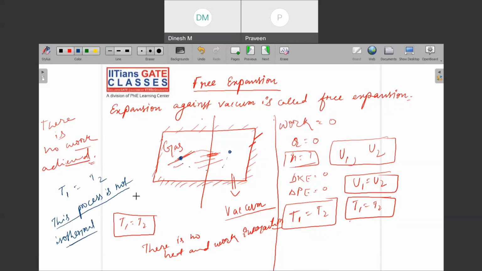Why? Because even though the initial and final temperatures are the same, meanwhile the temperature is continuously changing. So that is why this is not an isothermal process, even though the initial and final temperatures are the same.